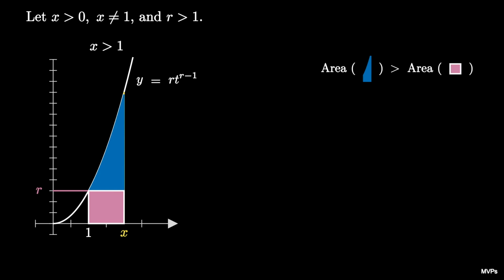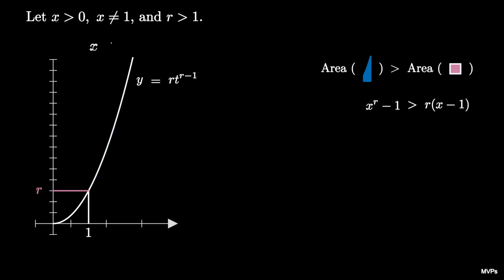But the area under the curve is the integral from 1 to x of r t^(r-1) dt, and the area of the rectangle is r times (x - 1). Using the fundamental theorem of calculus, we see that the definite integral is x^r - 1, so that we have Bernoulli's inequality in this case.